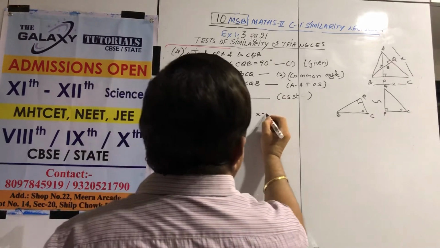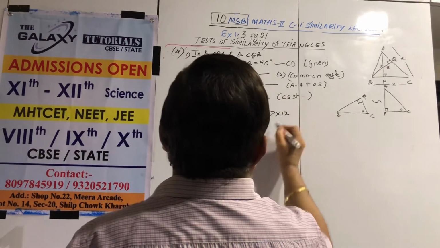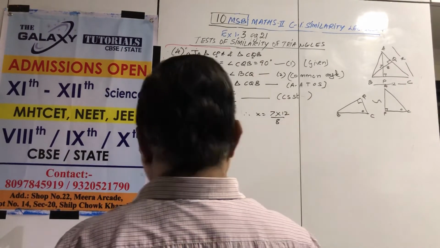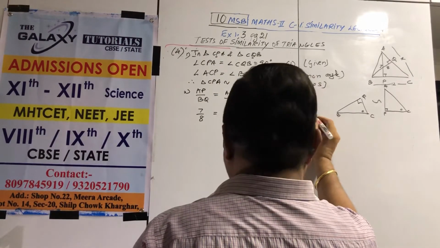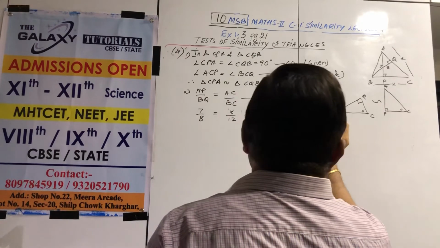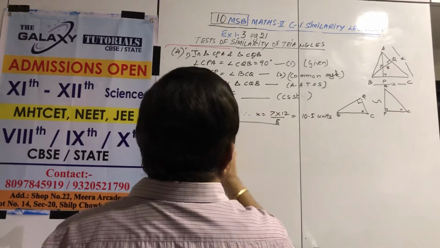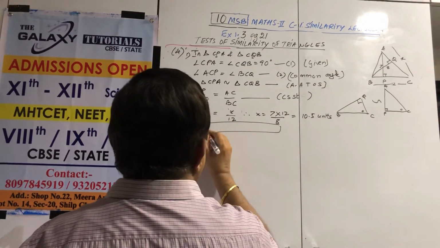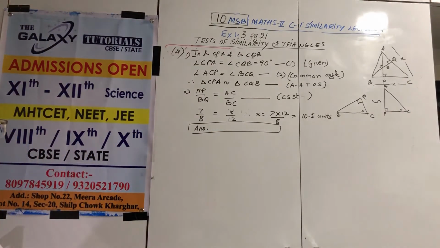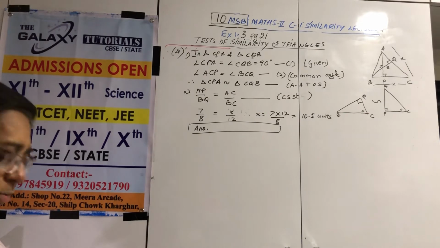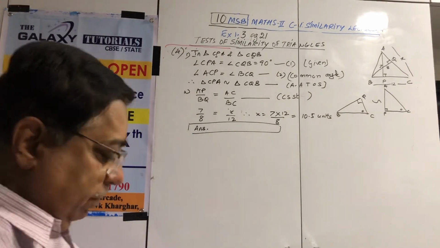Therefore, x is 7 into 12 upon 8. Then this will give you 10.5 units. Please write the answer in words. AC is equal to 10.5 units. This is how to do the sum. Okay, my friends? Very, very simple sums.